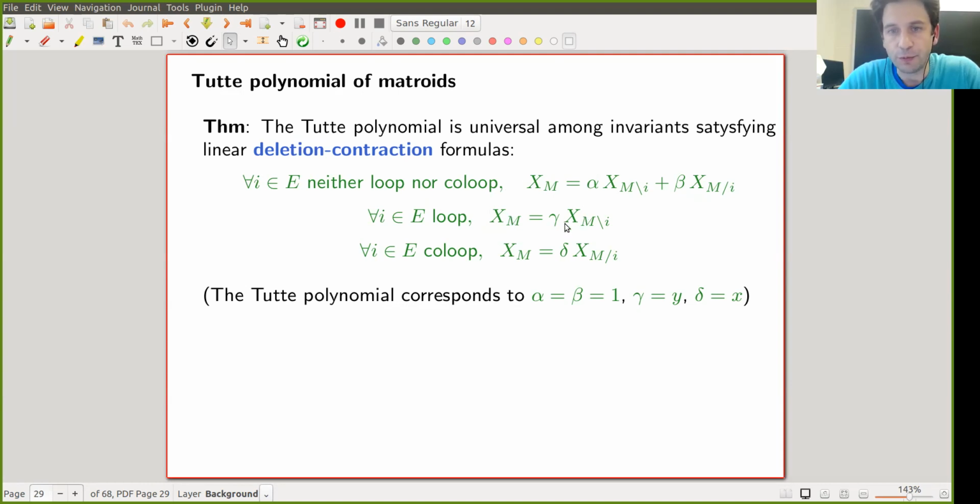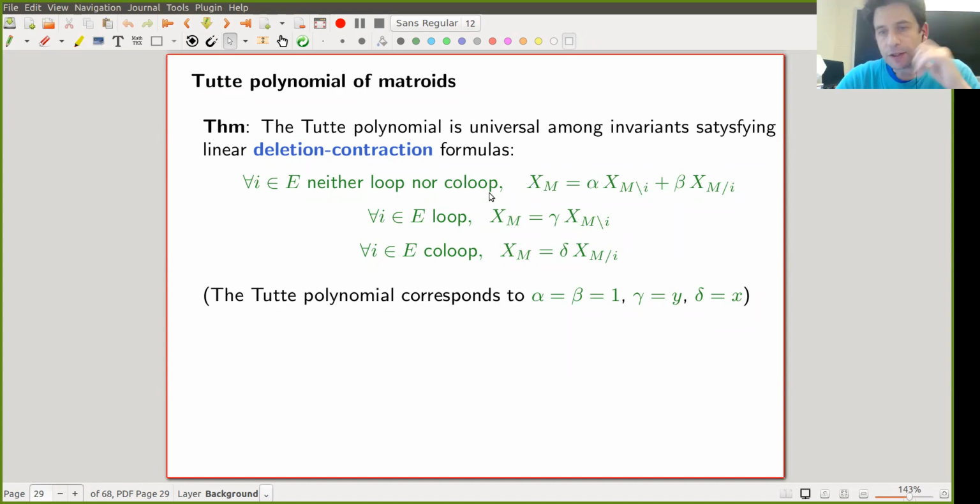If it's a loop, it would be expressed in this way, or if it's a coloop, in this way. The Tutte polynomial satisfies such a relation with coefficients that are given here. But the universality property is that any invariant that satisfies such a relation can be obtained as a specialization of the Tutte polynomial.